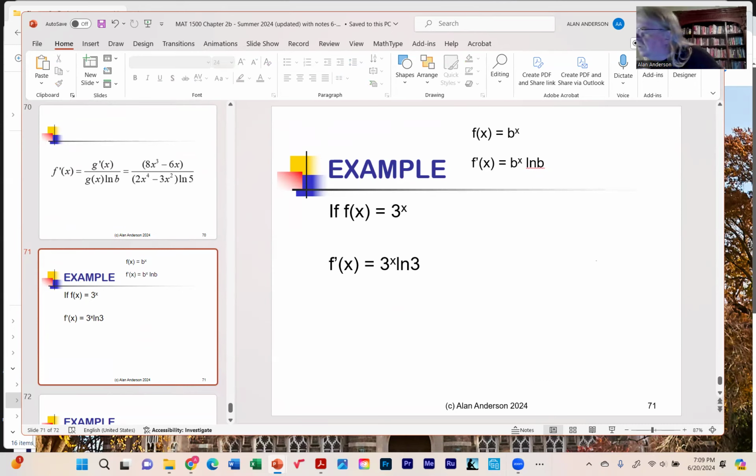Okay, so clearly here the b is 3. This rule tells us that you'll have the original 3 to the x times the log of b.